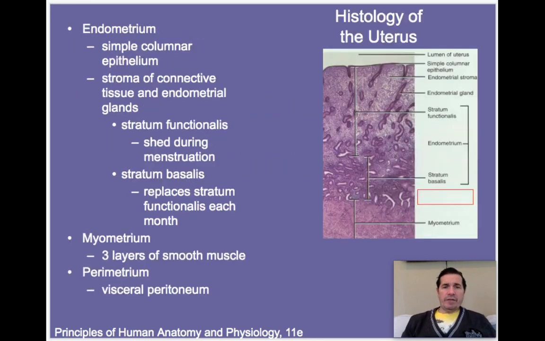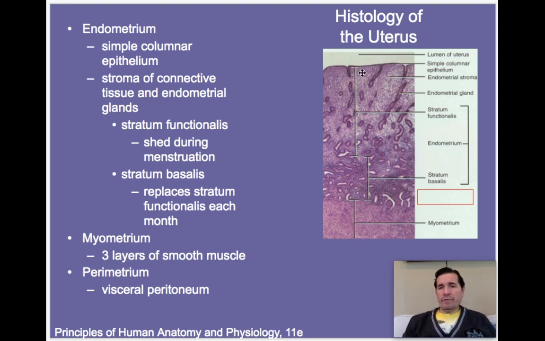So if we look at it in a picture, in this image we have the myometrium, which is the muscle layer, and then we have the stratum basalis, which is the base layer that develops the endometrial layer, and then we have the stratum functionalis, which is the portion that increases, becomes spongy, and sloughs off monthly.